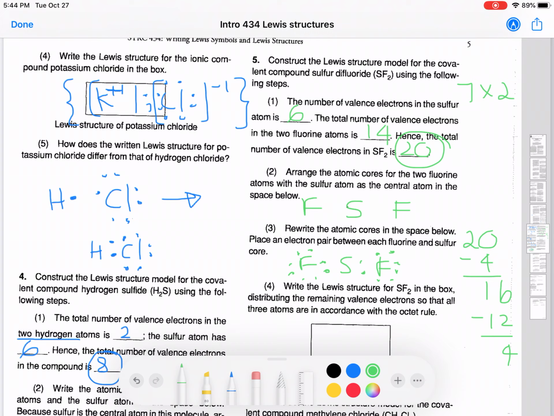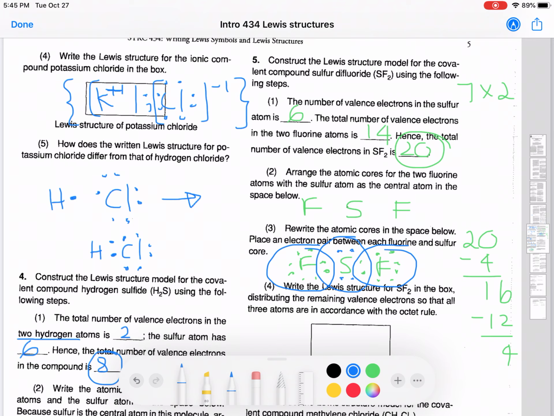So you're going to put the remaining on sulfur. So sulfur also now has 8 electrons. So these 8 electrons, they are sharing electrons for sulfur. And then the fluorine also has 8 electrons. This fluorine also has 8 electrons. Okay.